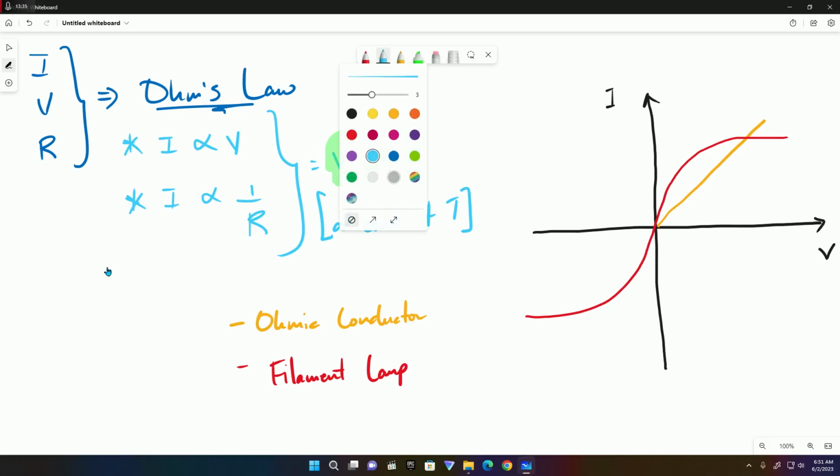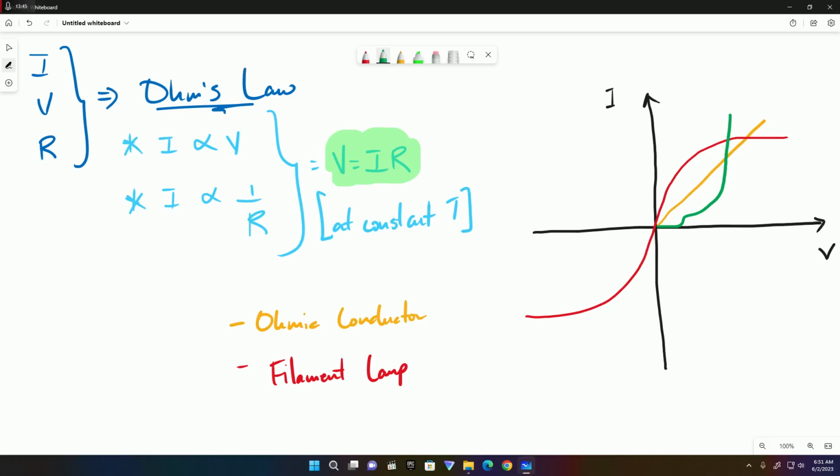The next is the semiconductor diode. And this is a fairly odd graph. Now again, just like with electric fields, these graphs are sketches, done to show the shape or the general characteristics of something. These are not plots. They don't need to pass through specific points except the origin. So this is a semiconductor diode.